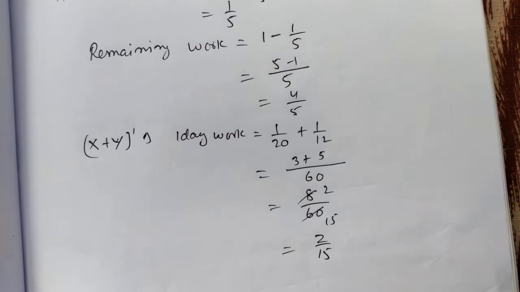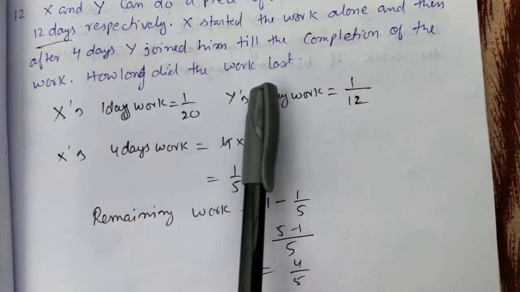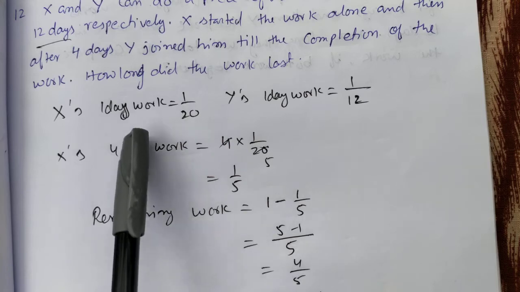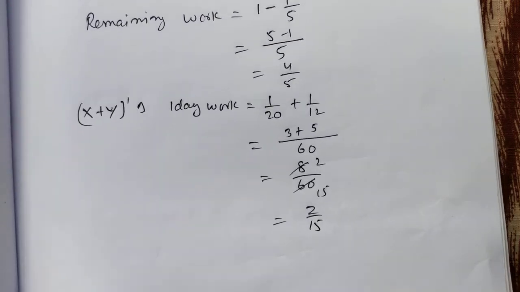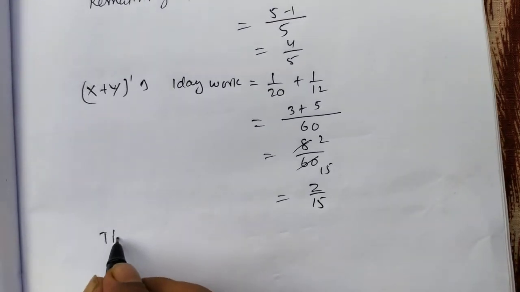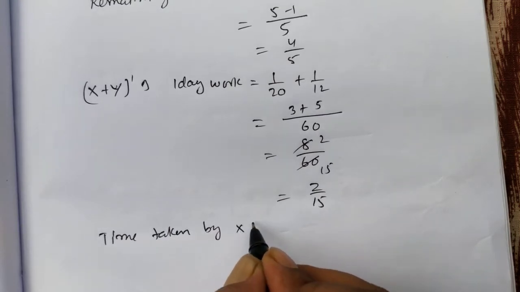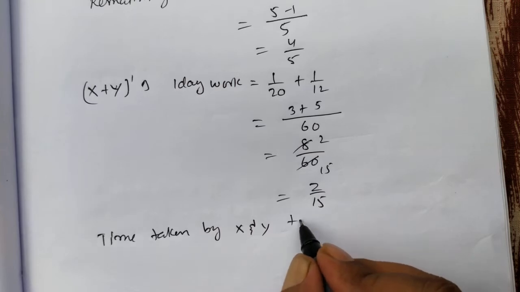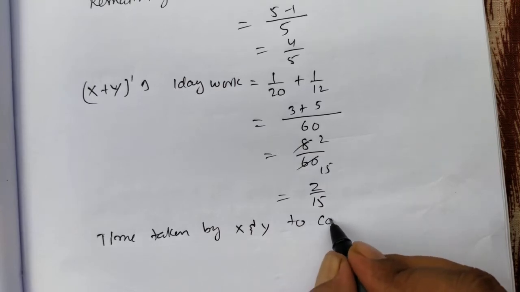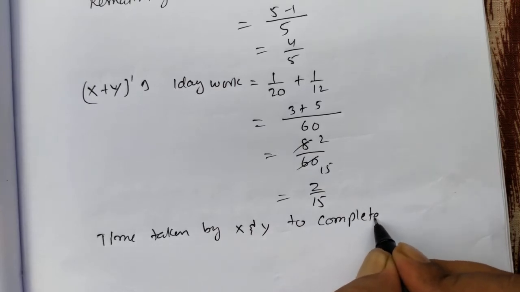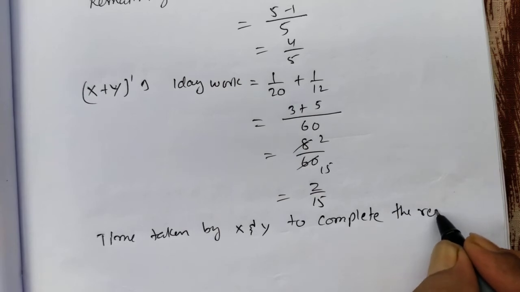So the question is, how long did the work last? That means you have to include these 4 days and whatever answer we'll get now. Time taken by X and Y to complete the remaining work.